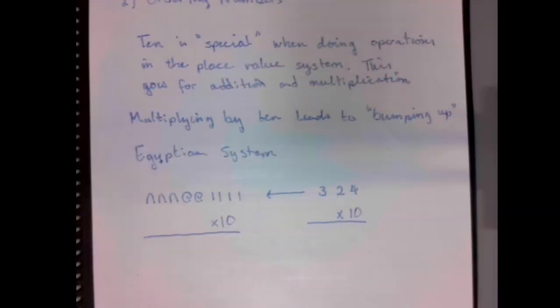Since we have a base 10 place value system, any operations involving 10 are a breeze. And we'll also talk about ordering numbers, finding out which of two numbers is greater. So let's switch over to our document camera and look at some examples.